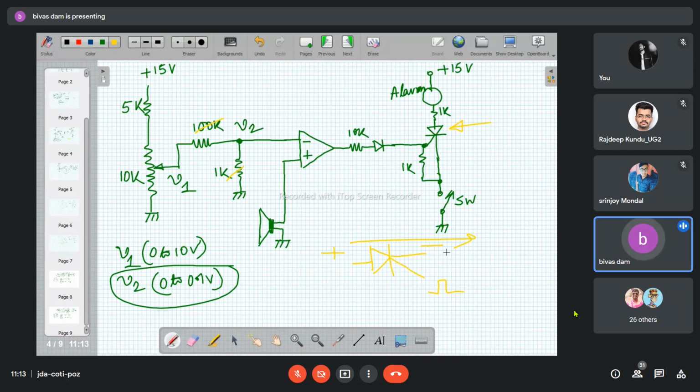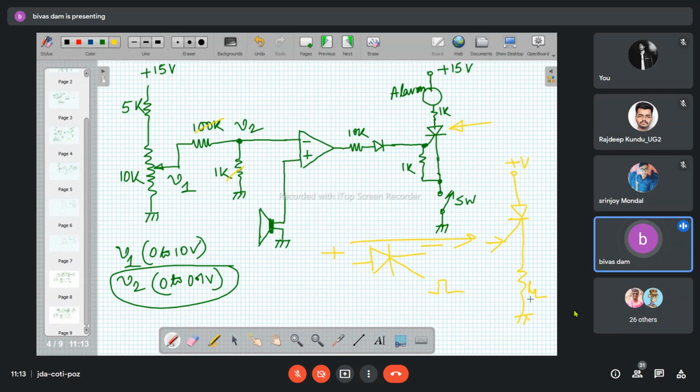So normally, there is one power supply and one load, RL. If you send a gate pulse here, the SCR will be turned on, so there will be current flowing through the RL.